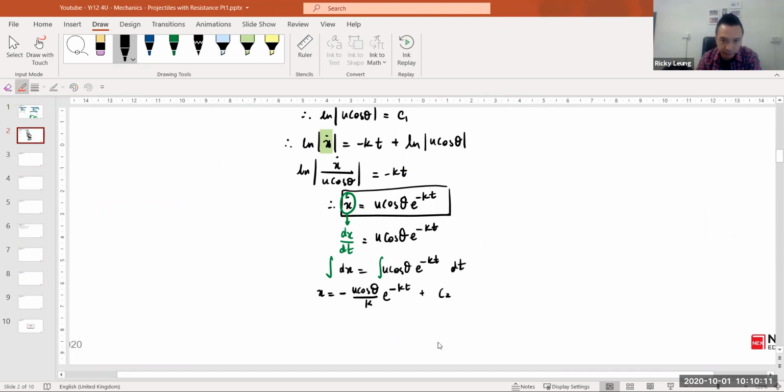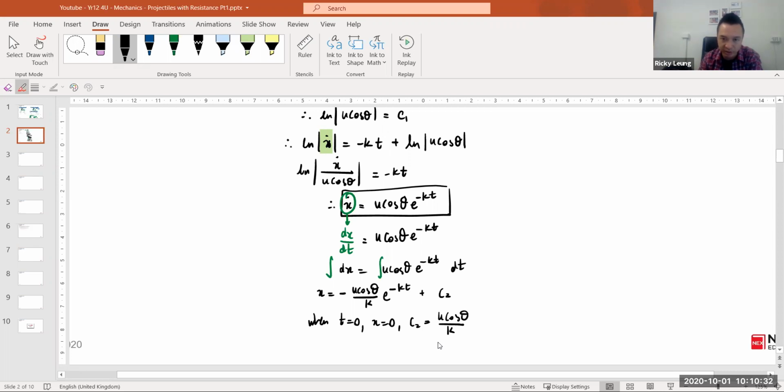So when t equals 0, I assume it's at the origin. So let's say this is 0, this is 0, so that's just 1. So it looks like C2, the constant, is just going to be this fraction here, thrown on the other side, so it's positive, which is nice.